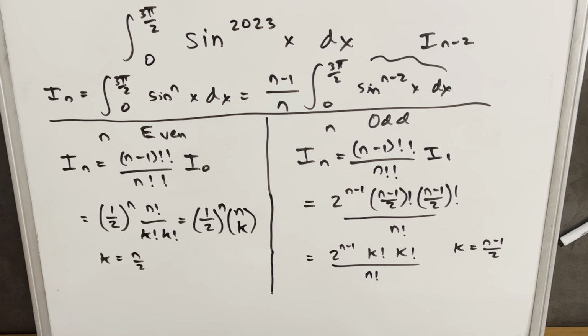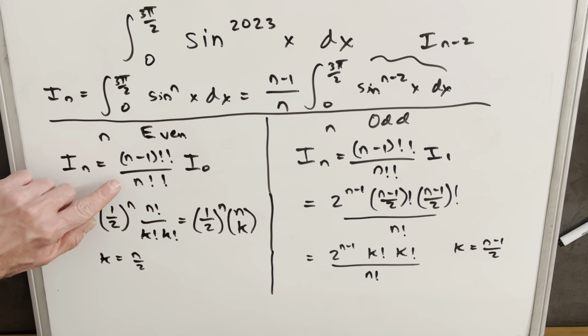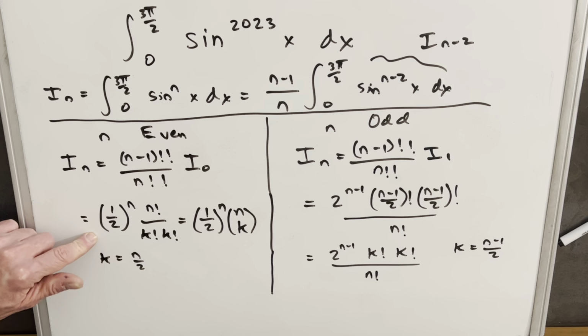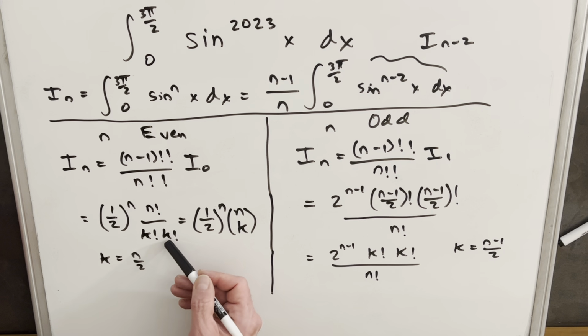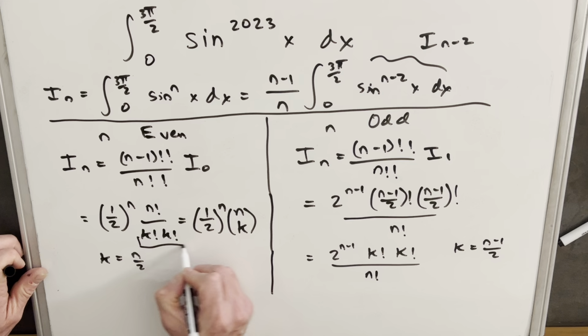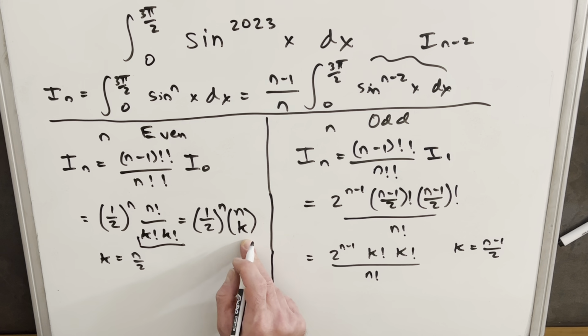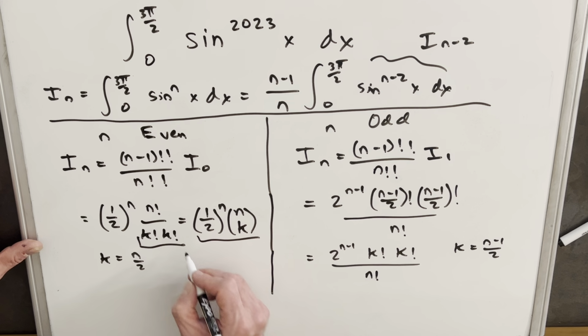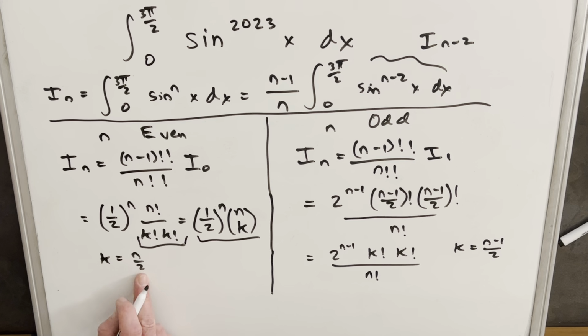And if you look at that previous video, we derived how we go from this double factorial to this form. This is the even case, where we have a half to the n times n factorial over k factorial, and just noting this piece right here is the same thing as n choose k, the binomial coefficient, so we can express it this way as well. And in this case, we've defined k to be just n divided by 2.